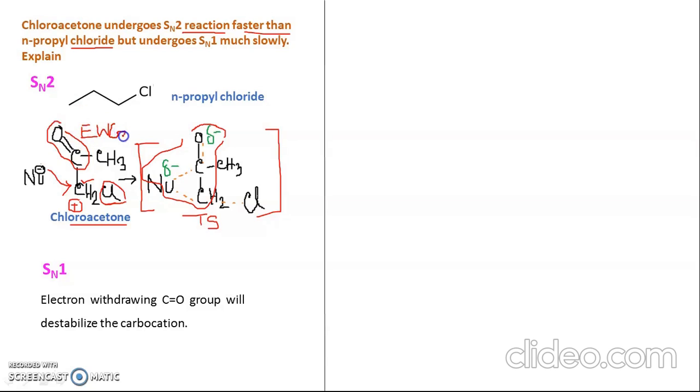CO is an electron withdrawing group. So electron withdrawing group CO will destabilize the carbocation. And whenever there is destabilization of carbocation, activation energy will be very high in case of SN1. So SN1 reaction will be faster in case of N-propyl chloride.